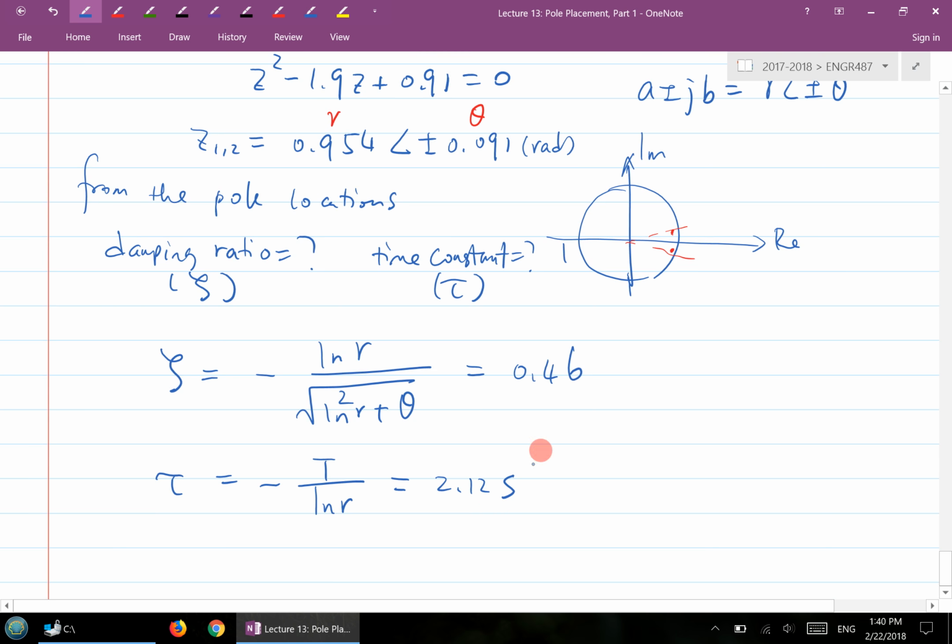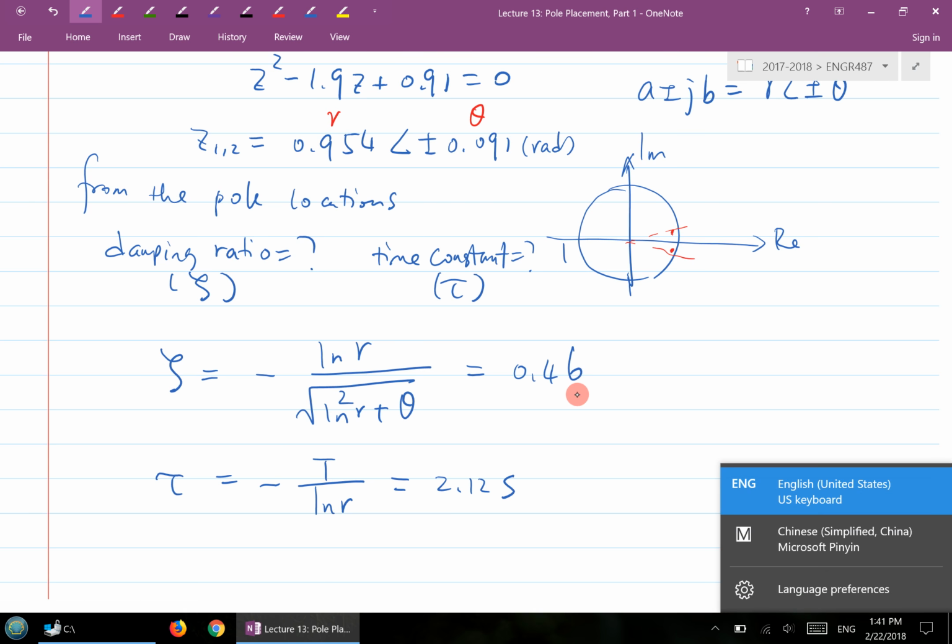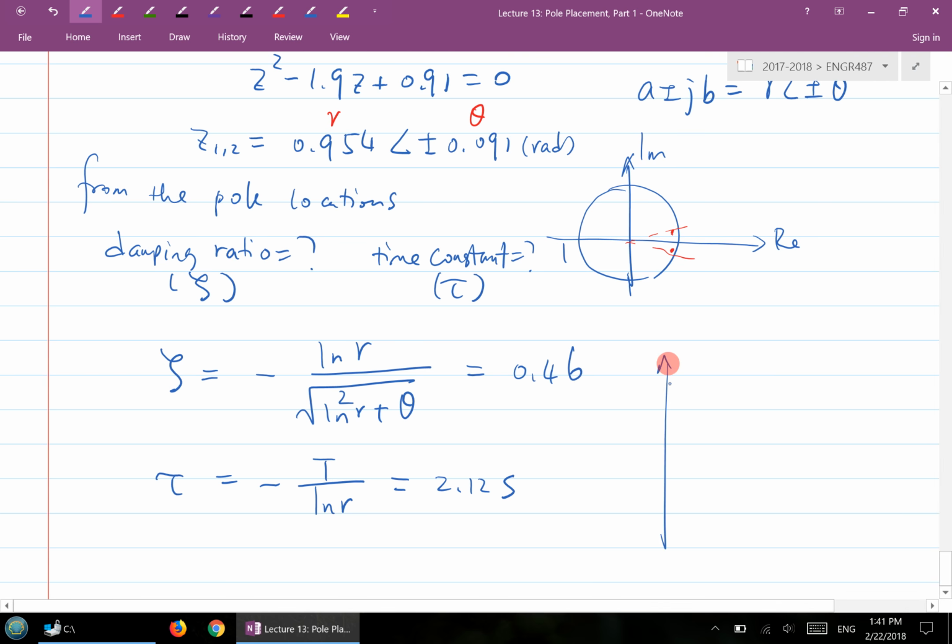Actually, the third-year control systems course will help you now. When you see a damping ratio of 0.46, that should tell you the response of the system. What is the response probably going to look like?